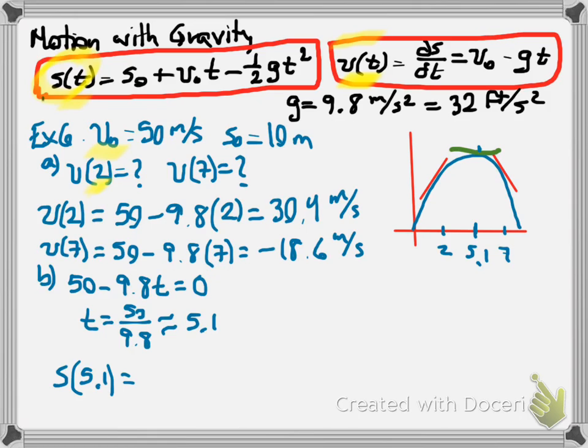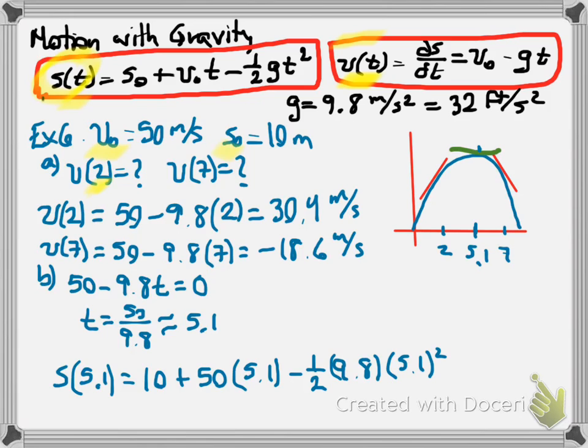S of 5.1 equals 10, my initial position, plus my initial velocity 50 times the time 5.1, minus 1/2 gravity, which is 9.8, times the time squared, 5.1 squared.